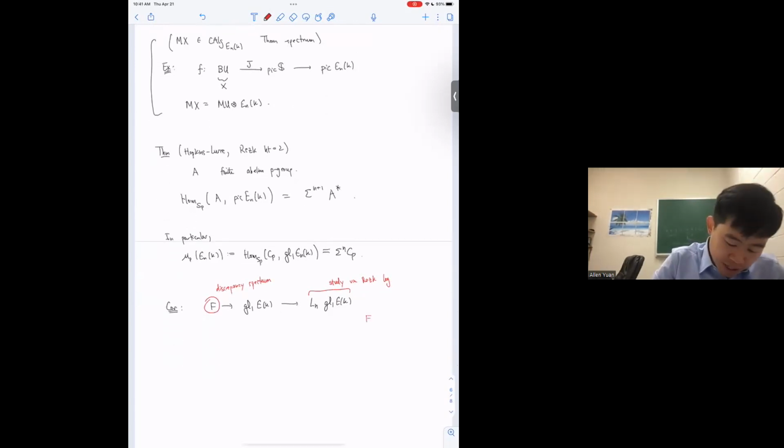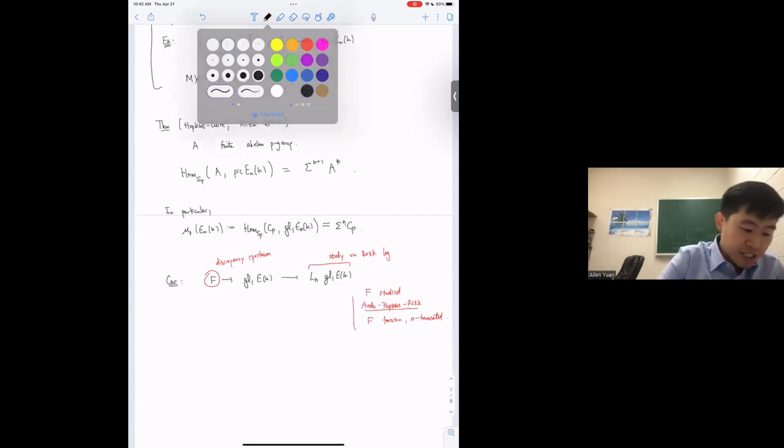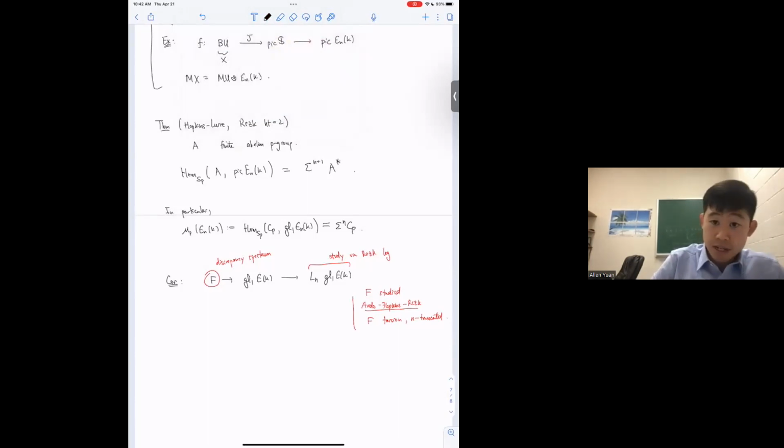This fiber F was studied by Ando, Hopkins, Rezk. They showed that it's torsion, and well, it's clear that it's torsion from the sequence, but they showed that it's n-truncated. But having this calculation of the units of E theory allows you to actually identify it, or at least its connective cover.